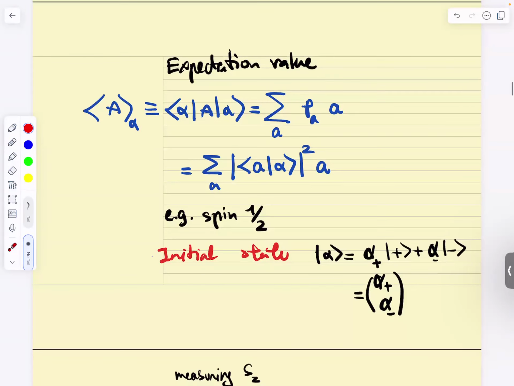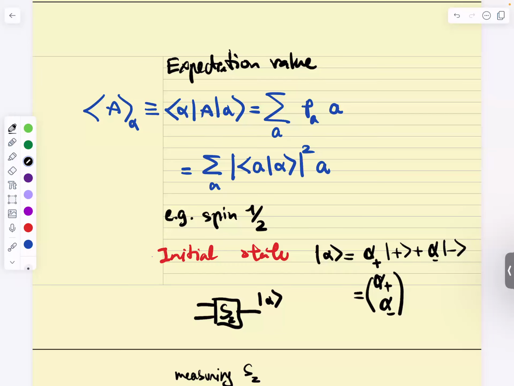So what is the idea? This is some initial state that we're describing by a 2x2 complex vector, alpha plus and alpha minus, right? And the goal right now is to describe this Stern-Gerlach experiment. You're feeding alpha as the input of a measurement. There were two outcomes.